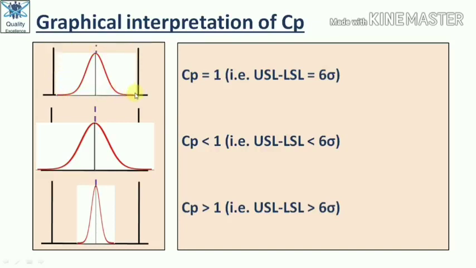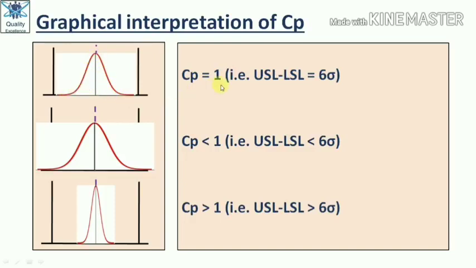What does it mean? If numerator and denominator are the same, then CP will be 1. So with the help of a sketch only, we will be able to know the value of CP.